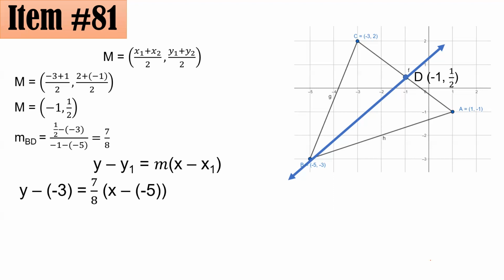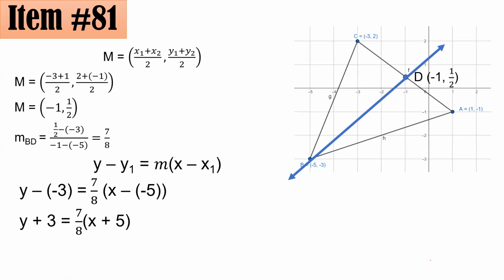So y minus -3 equals 7/8 times the quantity x minus -5. Simplifying, minus negative 3 is plus 3, and minus negative 5 is plus 5. And so we have y + 3 = 7/8 (x + 5).